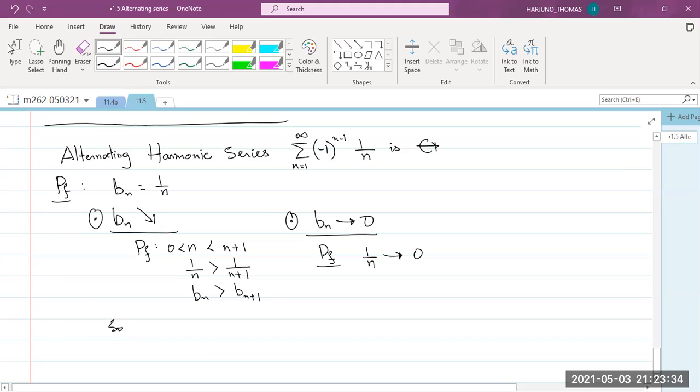So by the alternating series test, the alternating harmonic series is convergent.